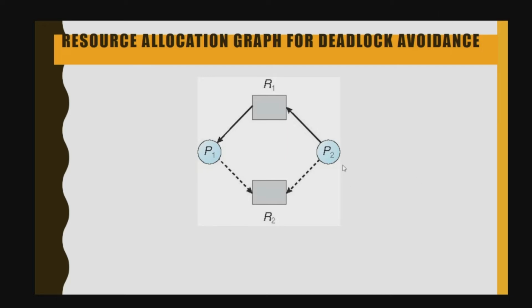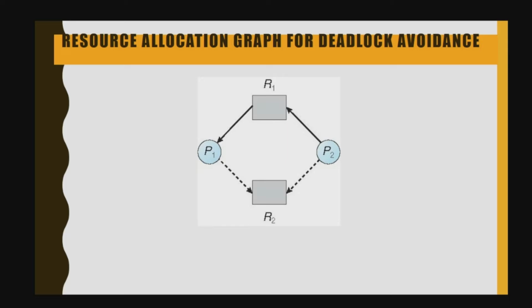Based on this, P2 requests from resource 2. Looking at this graph, at this time R2 does not belong to any process. R2 is currently free, meaning there is no other process that uses R2.